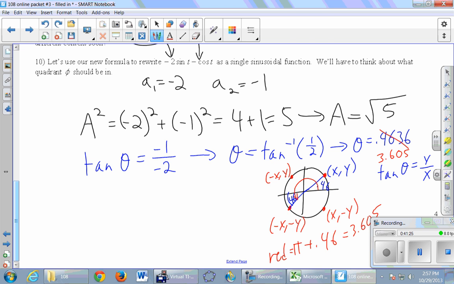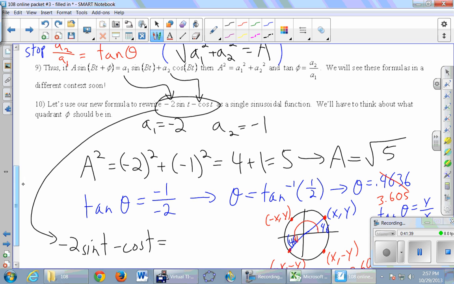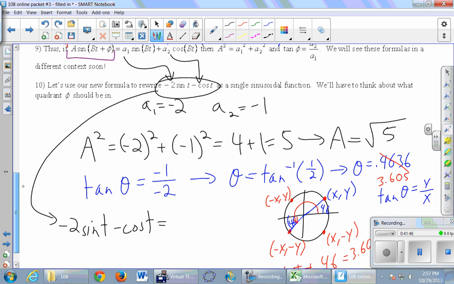Okay, so what does that mean? It means that we can take this guy right here, -2 sine t minus cosine t, and rewrite it as a single sine function. So let's get the pieces in the right spot. I'm looking at this thing right here. This is what we calculated. So the A that we found goes first.